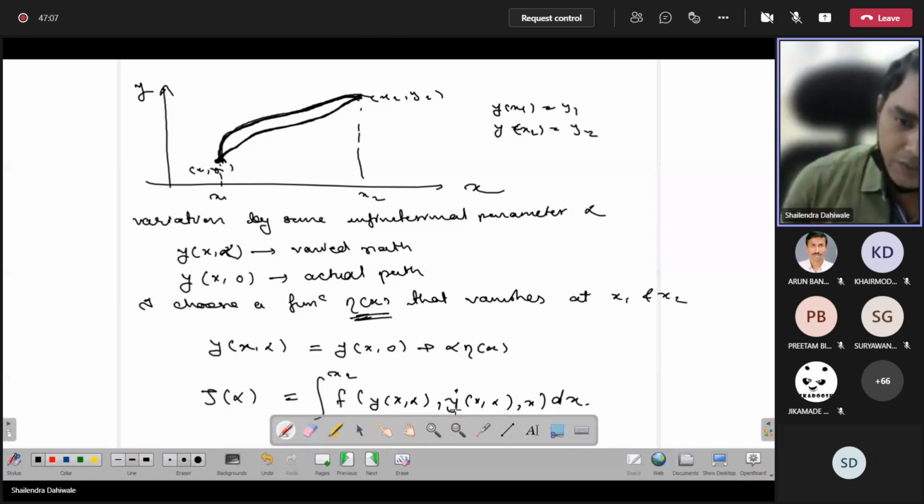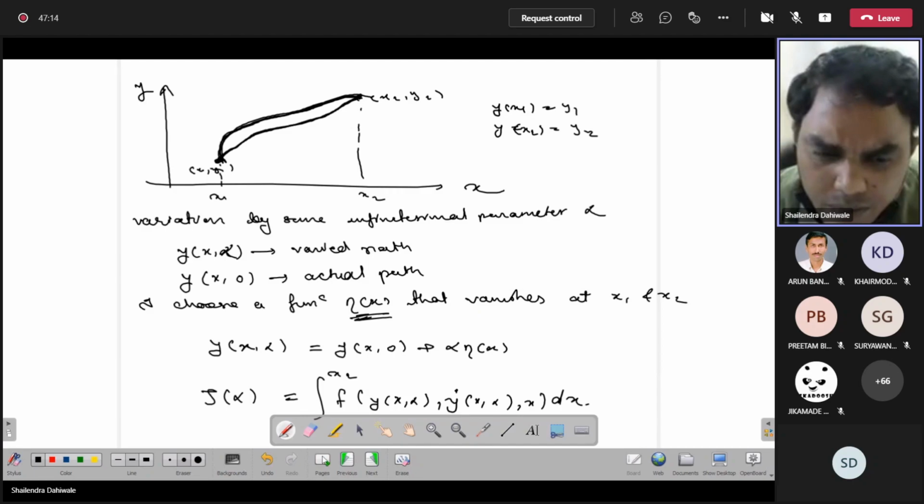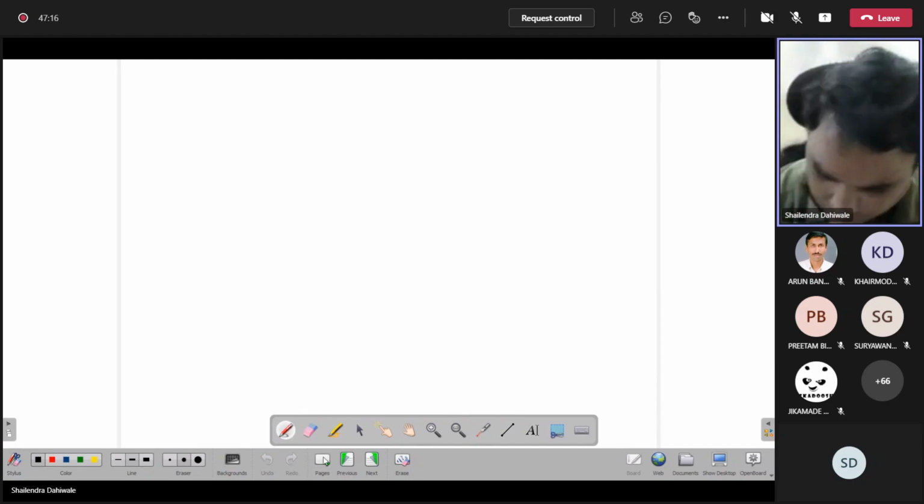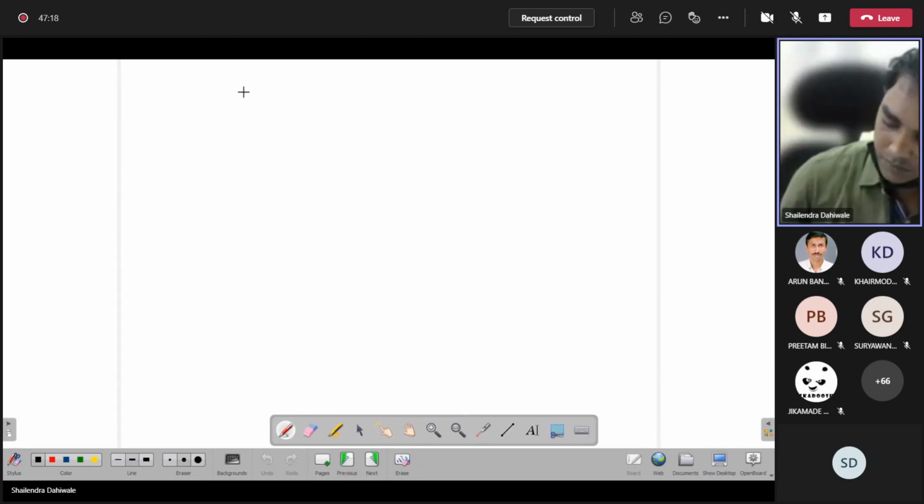And to obtain the condition for stationary values, by basic definition, you know the stationary values.